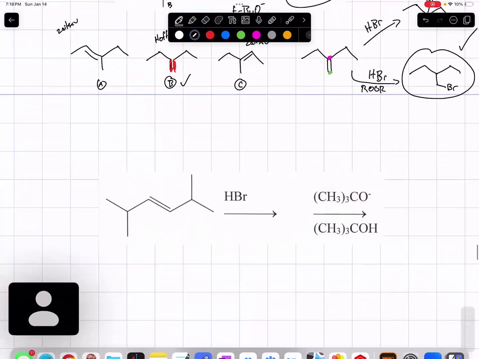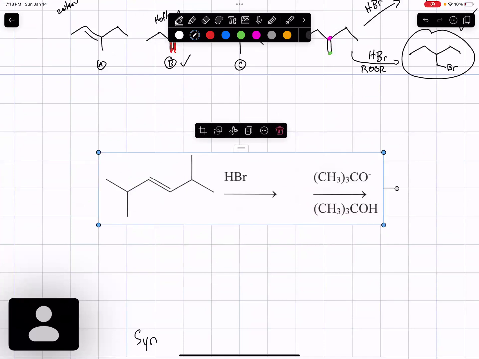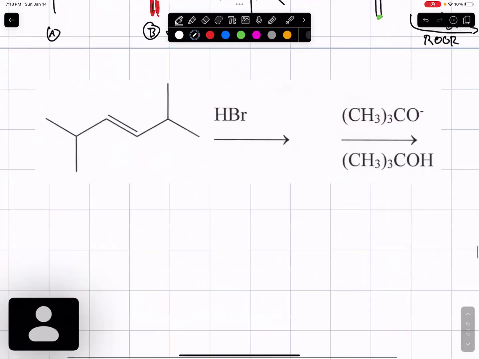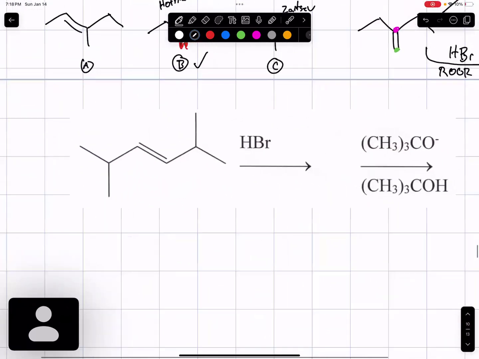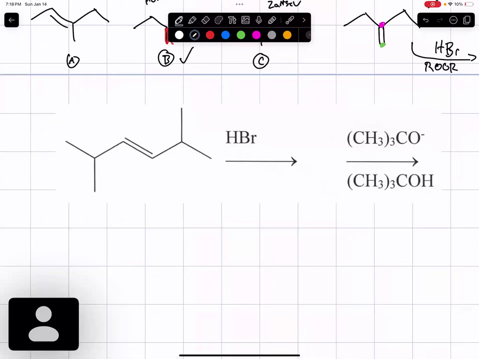All right, now, since we've already determined that HBr adds to the most substituted side, let's answer this question. Here in this question, can anybody tell me, first of all, HBr is going to add to the most substituted side, right?